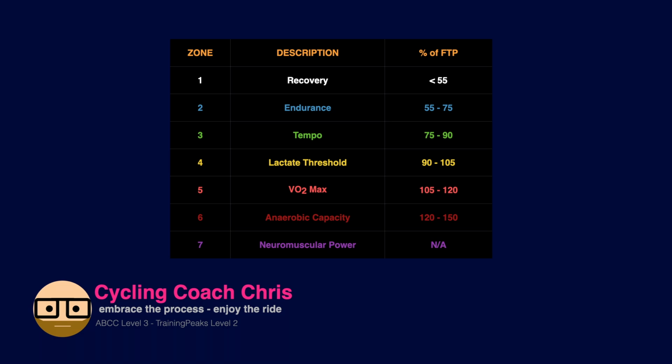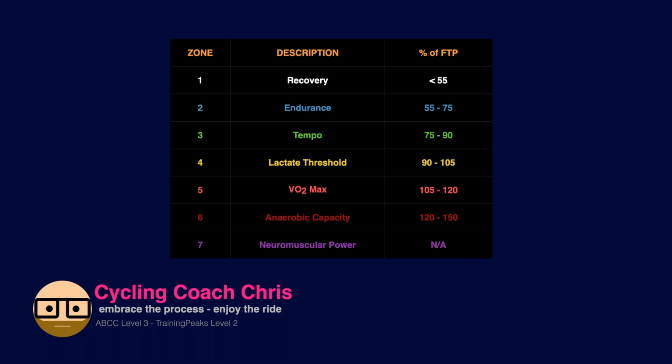Zone 3, tempo, 75 to 90%. Zone 4, lactate threshold, 90 to 105%. Zone 5, VO2 max, 105 to 120%. Zone 6, anaerobic capacity, 120 to 150%. And then finally, Zone 7, neuromuscular power, which doesn't have a power target as such because it's simply an all-out effort as hard as you can.